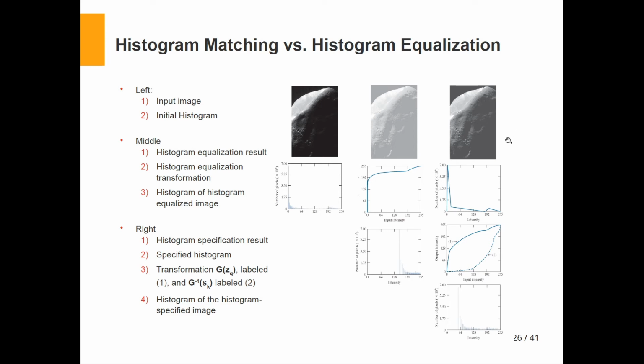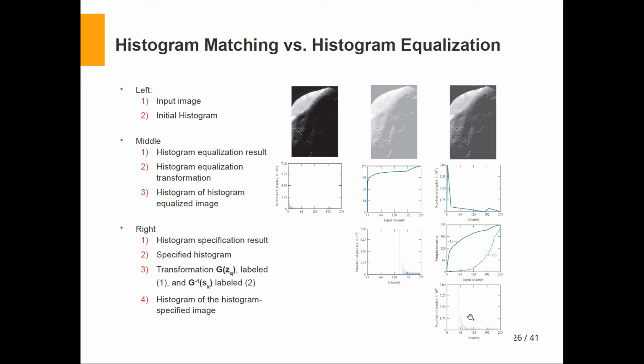If we use this specified histogram with histogram matching, we get this result, which is much more pleasing than the first and second images. Not only are the features in both bright and dark regions more visible, but at the same time the image has a more natural look instead of being all bright or washed out.